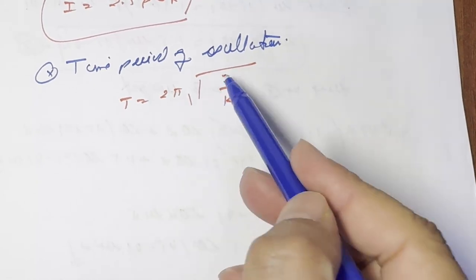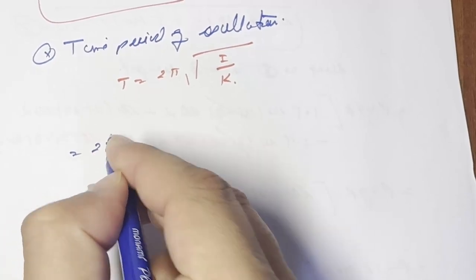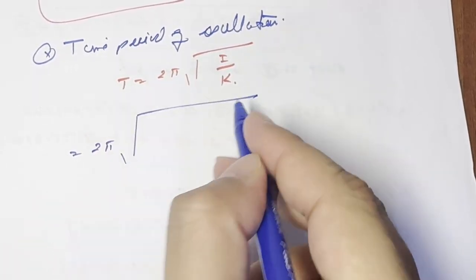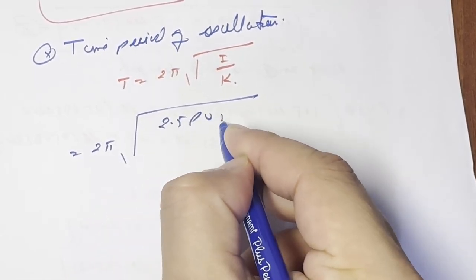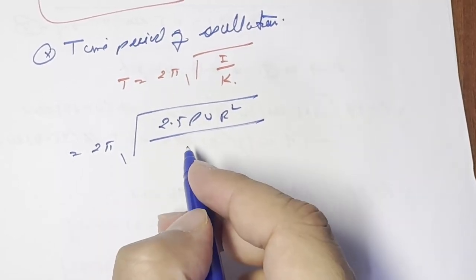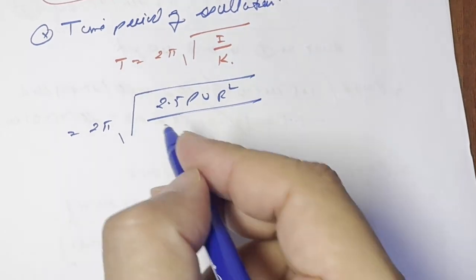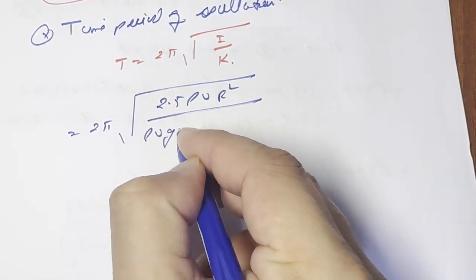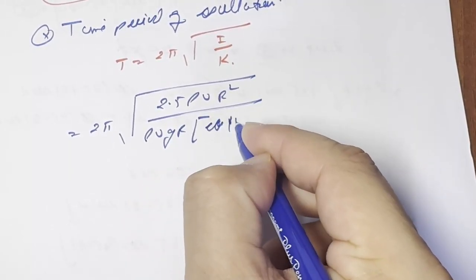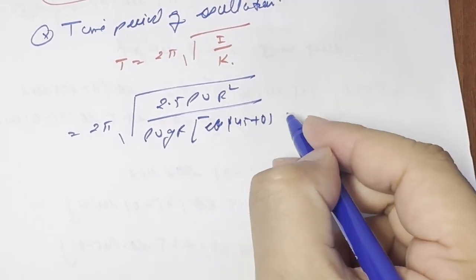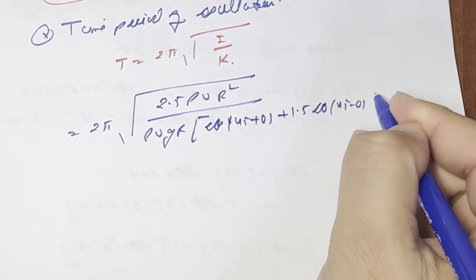So we already know I and k, we substitute both values, so we get 2 pi square root of 2.5 rho v r square divided by rho v g r, and here we have cos of 45 plus theta plus 1.5 cos of 45 minus theta.